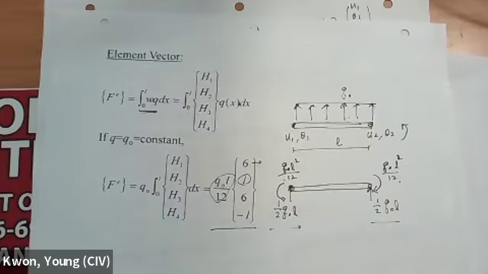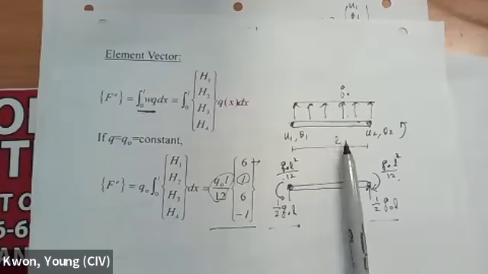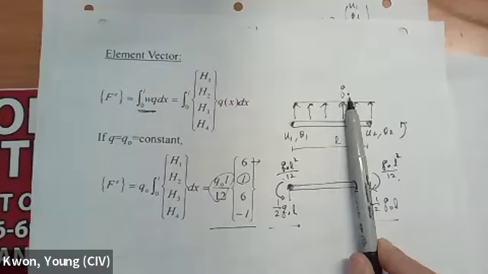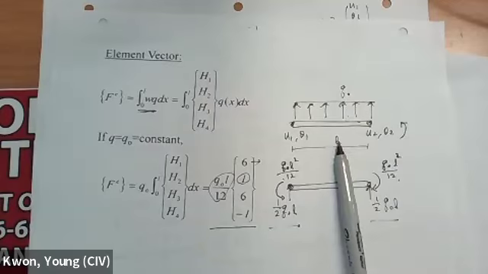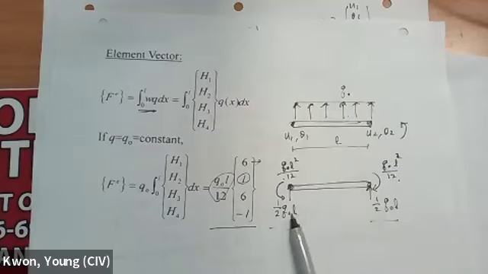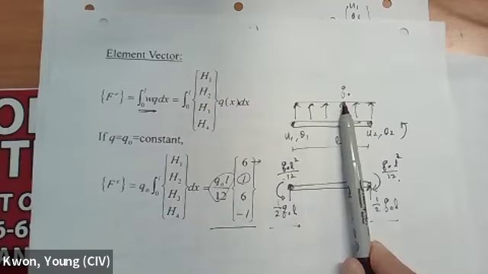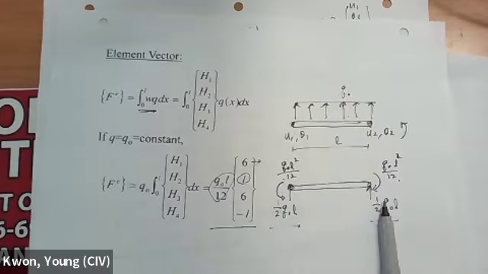Is that arbitrary? At least if you look at that, the total force Q naught times L is the total, right? So half goes here, half goes here, so the sum is equal to that. Correct? The sum is equal to that.